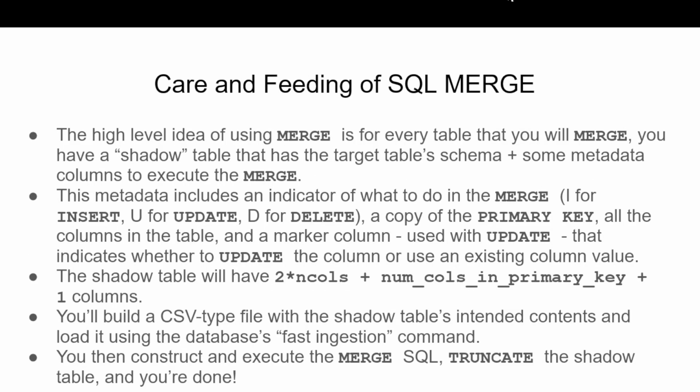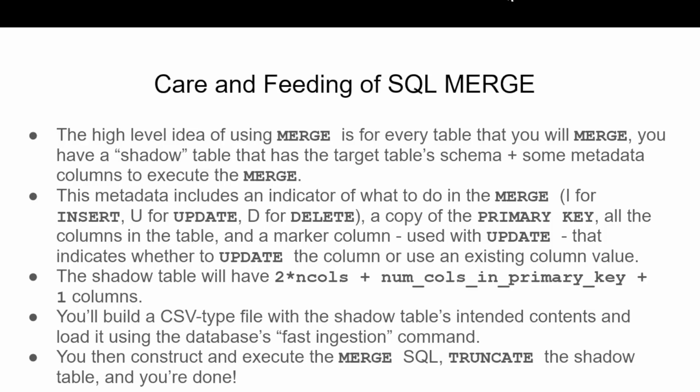Care and feeding of SQL MERGE. The high-level idea behind our use of MERGE is that for every table you merge, you have a shadow table that has the target table schema plus some metadata columns to execute the merge. This metadata includes an indicator of what to do in the merge, I for insert, U for update, D for delete, a copy of the primary key for joining, and all the columns of the table.